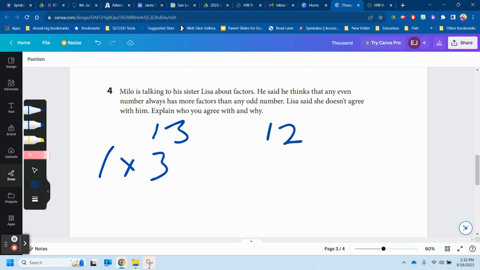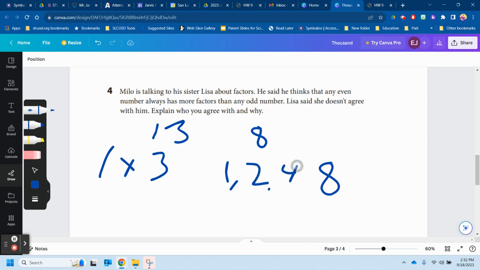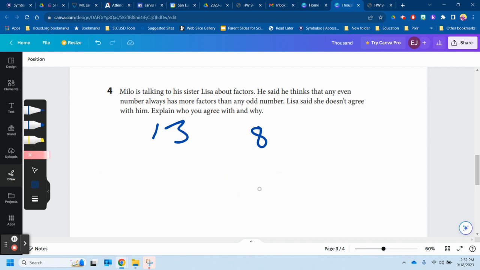Or let's do a simpler one. Let's just go like 8. You're going to have 1 and 8. You're also going to have 2 and 4. You'll always have the 1. If it's even, you'll always have the 2. But does that mean that all even numbers have more factors than odd numbers? Well, let's test that theory with a number like 27.